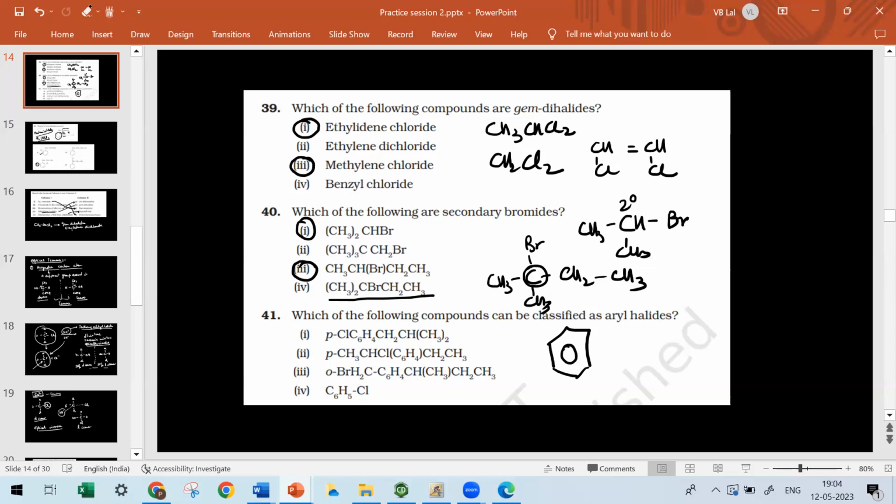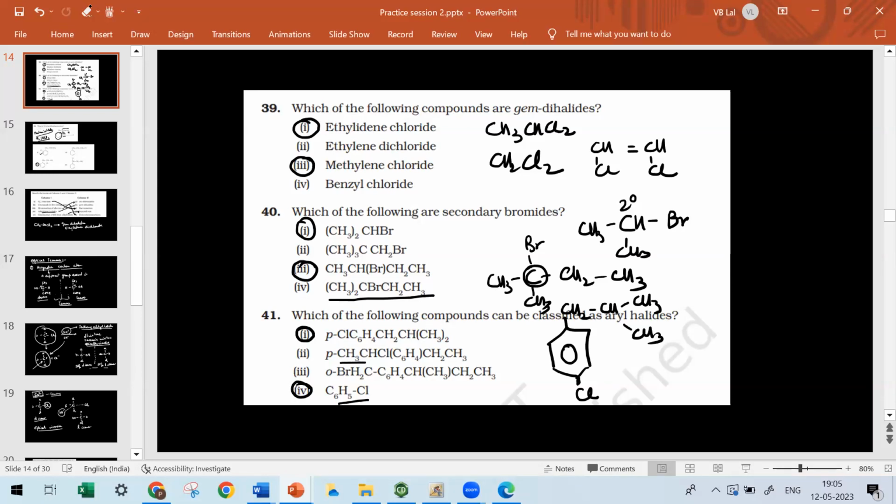On one carbon of the benzene ring there is a Cl, and at another place it is CH2, CH, CH3, and CH3. This is the first compound. Since chlorine is already attached to the benzene ring, it is 1, right? Then this one is clearly an aryl halide, C6H5Cl.